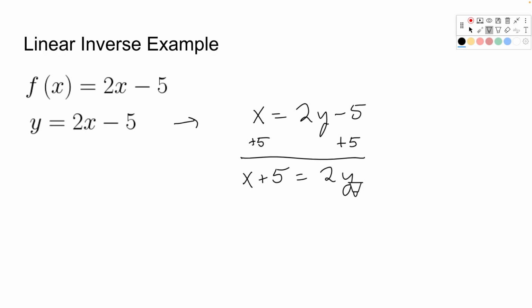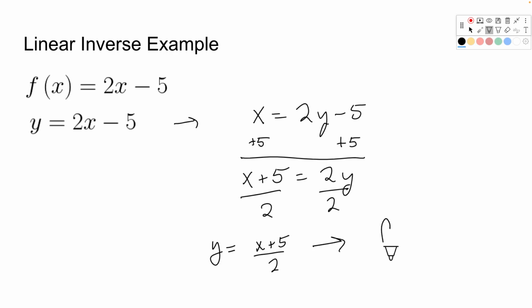These ones you can see fairly clearly. Some functions get a little more complicated, and you can't always see it. Let's divide both sides by 2. So then I'll switch the order here. I get y equals x plus 5 over 2. And now I go back to function notation.